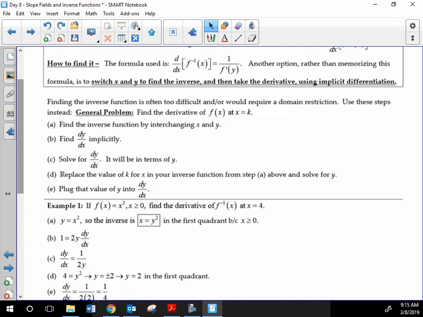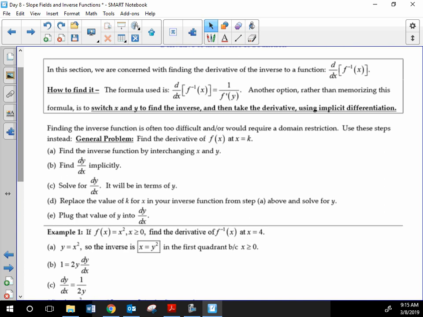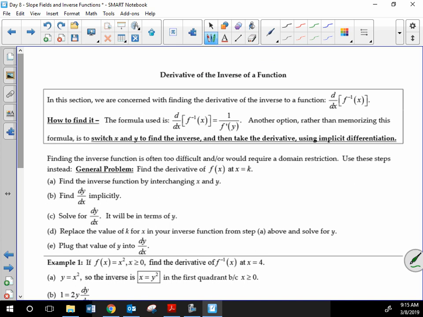So the basic process is, actually let's talk about this up here. This is our formula. Again, this is saying the derivative of the inverse of our function. Now let's talk about this here. This is f prime, that's just our derivative of f of x, like normal.